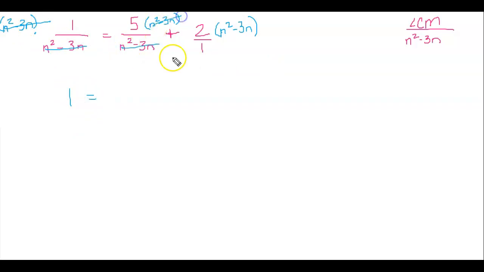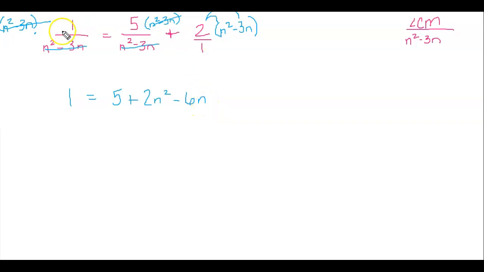Here, n squared minus 3n cancels, and I just have 5. But here I do need to remember to multiply by 2. I do need to distribute that. So this is going to be 2n squared minus 6n, and that is a quadratic.